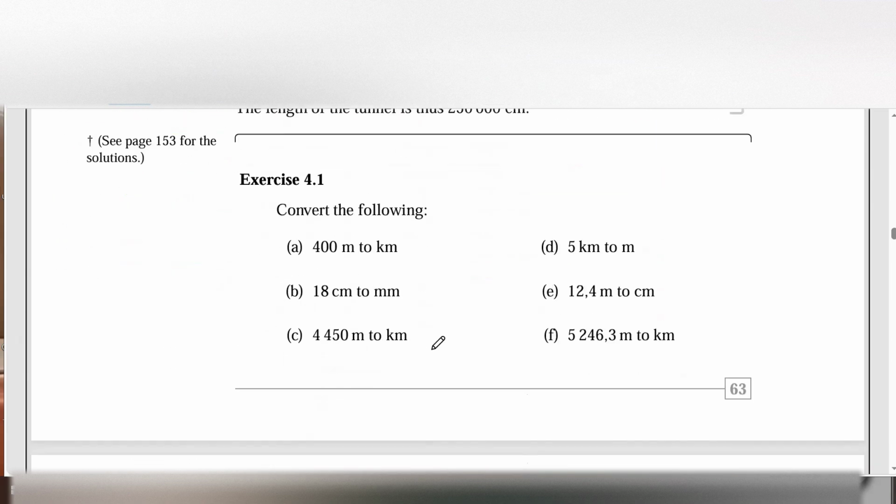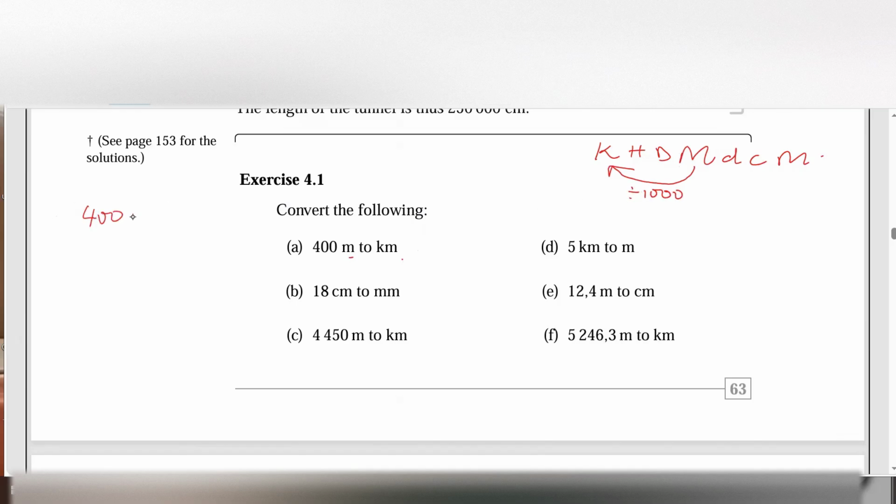Here is an exercise which we can do together. Remember our rule: KHDMDCM. From meters to kilometers, meters is a small unit. We are changing it to kilometers, which is a big unit. So we're going to divide by 1,000.